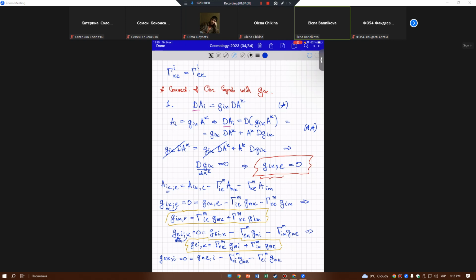So, and finally I have g_{KLI} equal gamma_{KIM} g_{ML} plus gamma_{MLI} g_{MK}. I wanted that everything will be in one page, but okay. So, and this is the third one which we need.